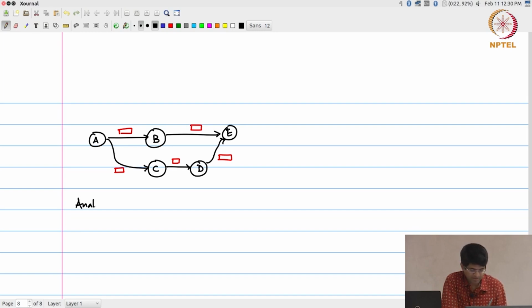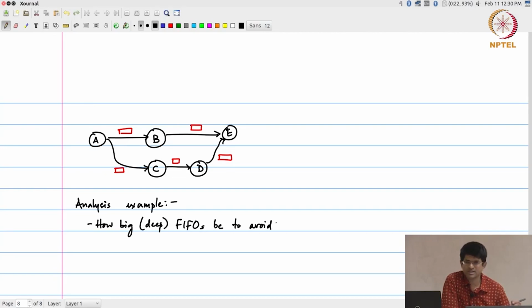So an example of what kind of analysis you could do would be, how big or deep should the FIFOs be to avoid any kind of, what's the problem that happens when a FIFO fills up and you still try writing to it? It's called overflow. Okay. So overflow is one problem.